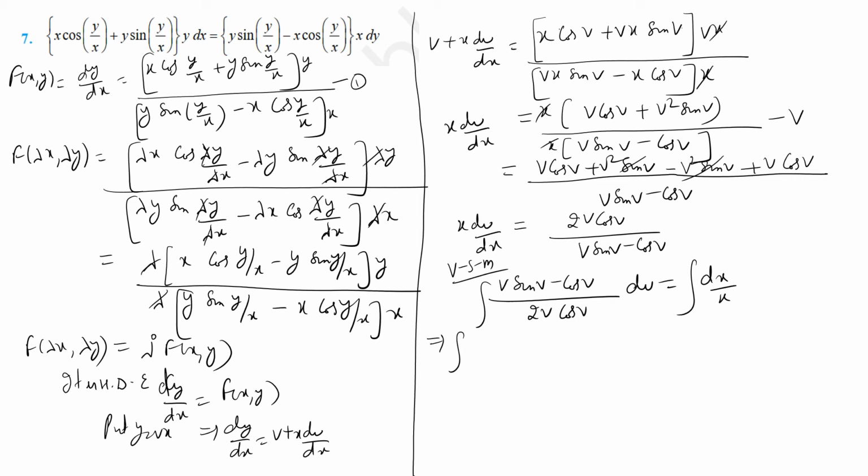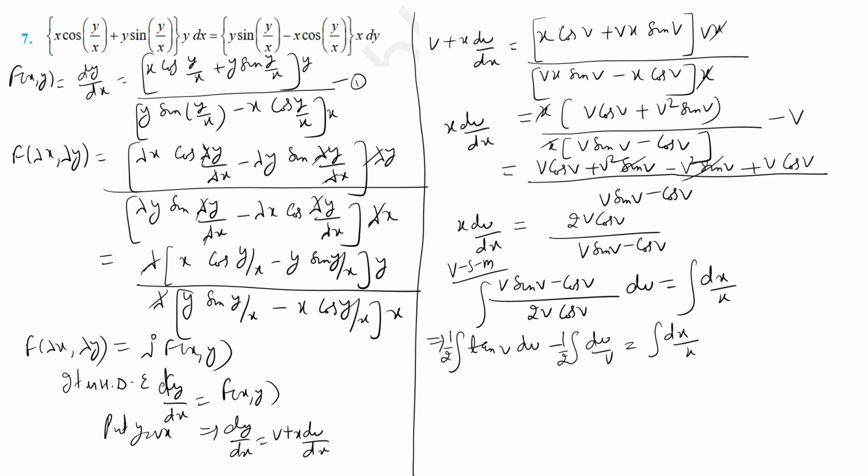It will become v sin v upon 2v cos v, so it will be just half of tan v dv, minus cos v will get cancelled, and I will just get minus half of dv upon v, and this is dx upon x, right.